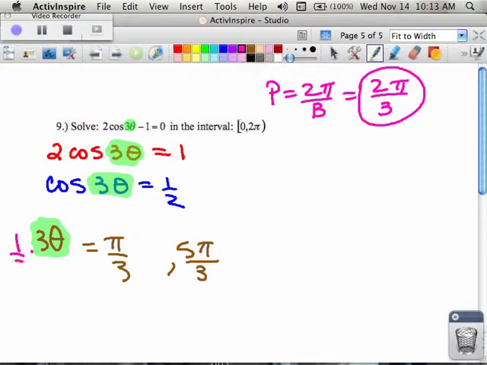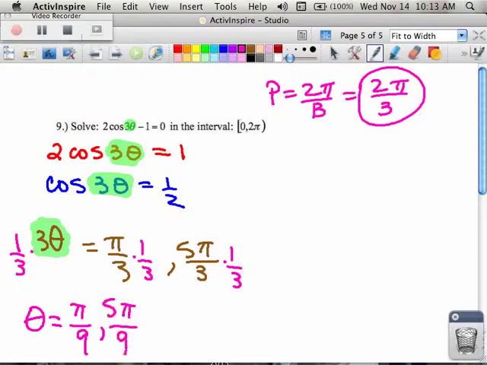So I multiply each one by 1/3. And I get my theta is going to be pi over 9 and 5 pi over 9.